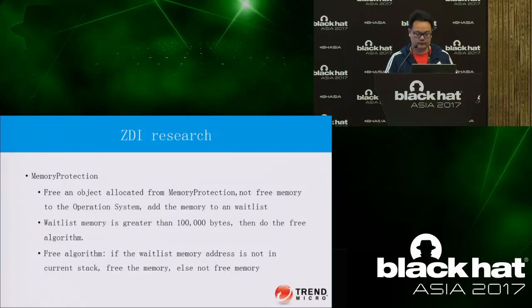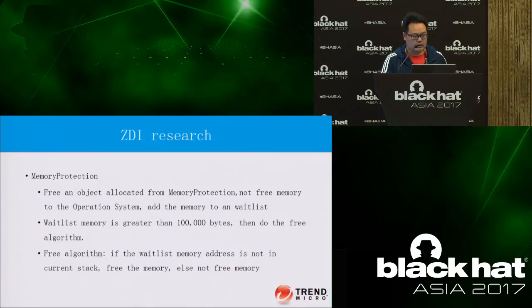Okay. Let's talk about the memory protector. What is memory protection? Memory protection is a mitigation used to prevent use-after-free vulnerabilities in Internet Explorer. The memory protector algorithm is like this.